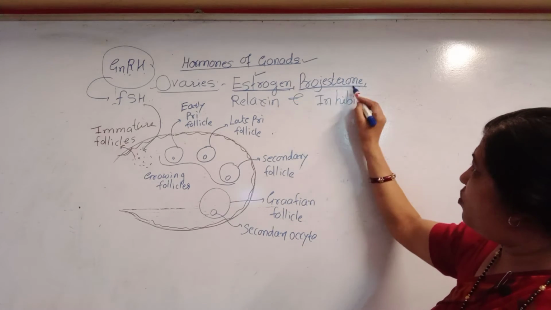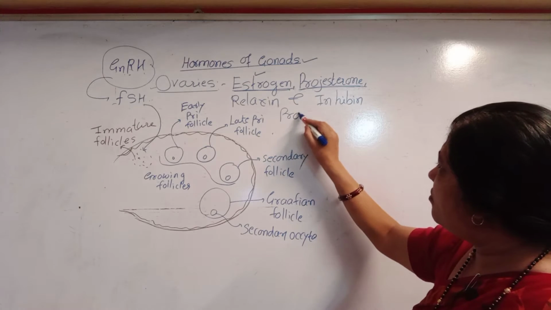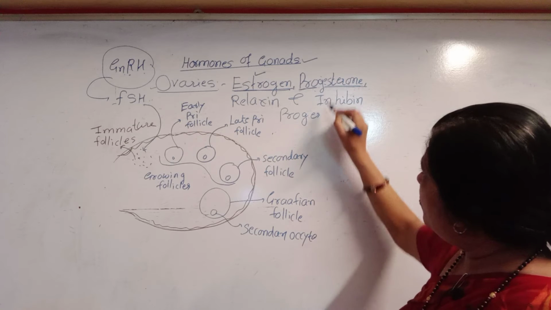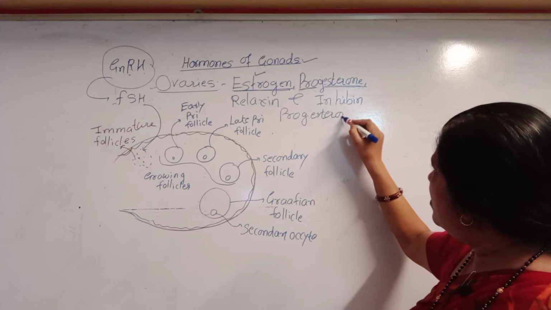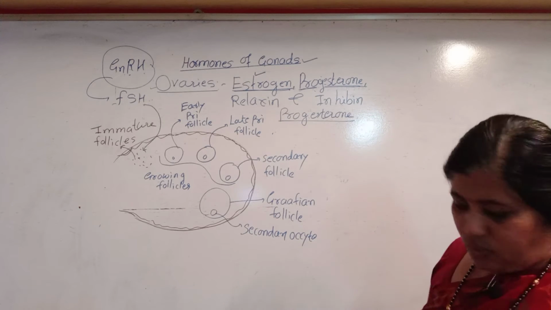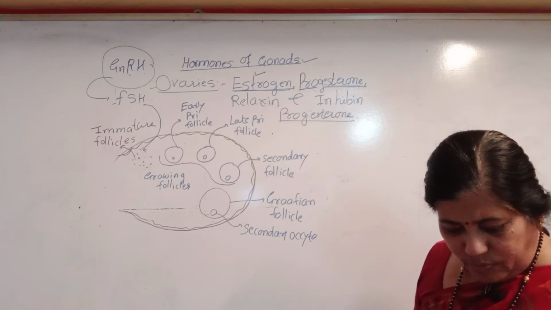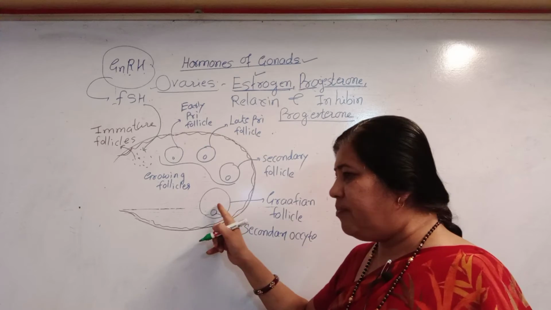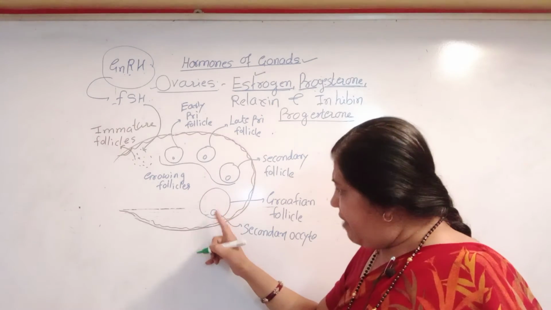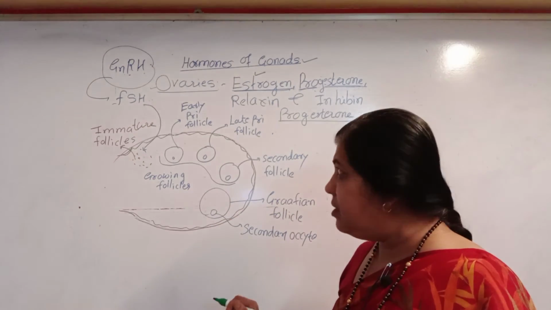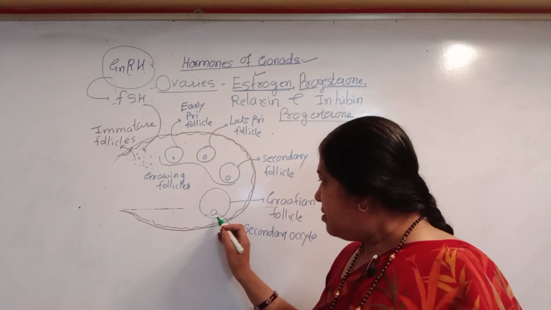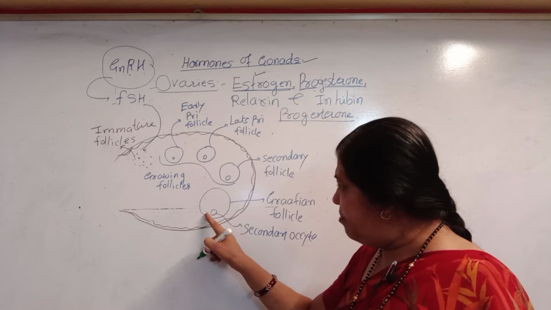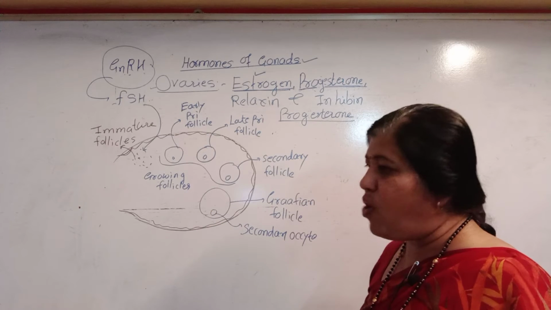So the another hormone, that is progesterone. When the Graafian follicle gets fully mature, the level of estrogen in blood is at peak point.